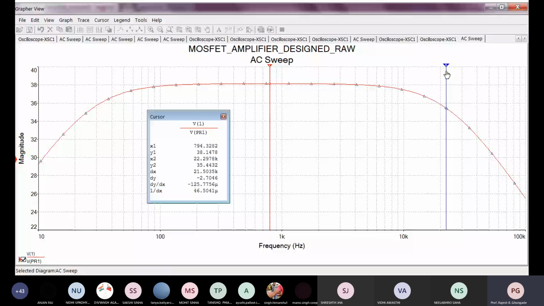What is the value then of X2? 23.9 kilohertz. All right. So that is fine. We wanted 20 hertz to 20 kilohertz. Actually, we are getting about 25 hertz to 23 kilohertz. That is quite okay.